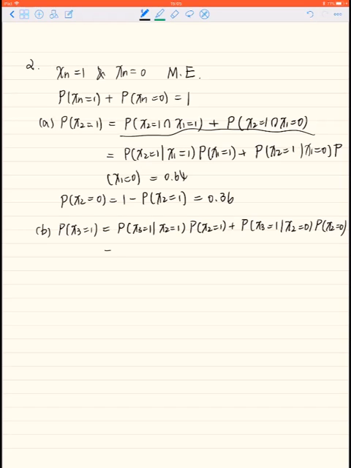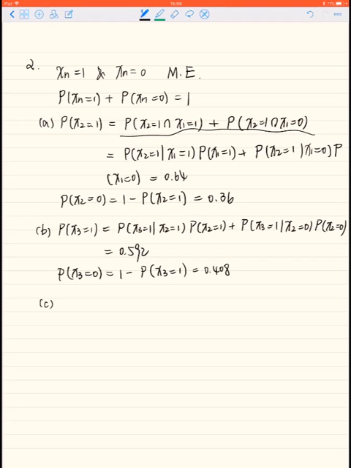Now this should be 0.592. Moreover, the probability that X3 equals 0 should be 1 minus the probability that X3 equals 1, which is 0.408. That's the answer to question B.